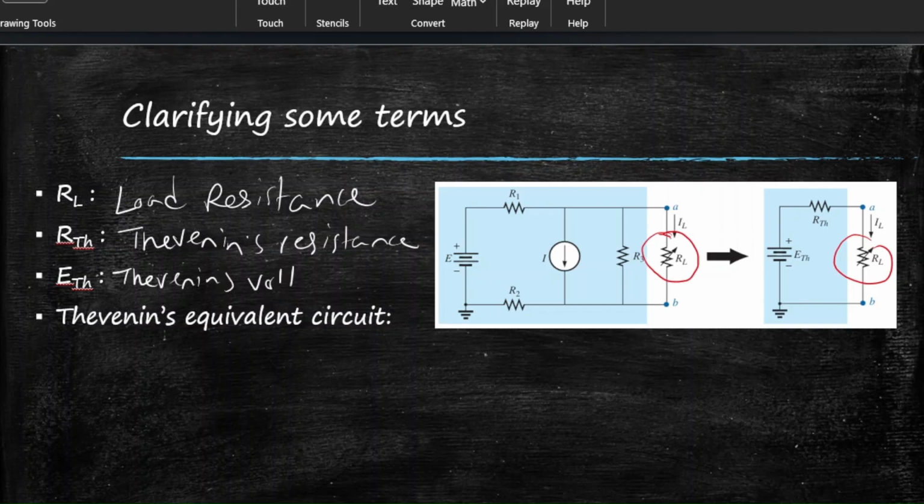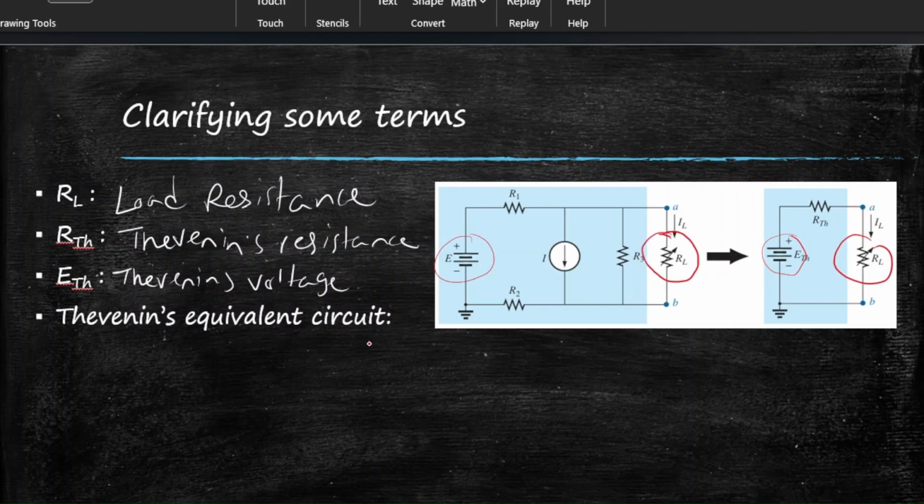So this is the Thevenin's equivalent voltage. This is the equivalent voltage that we will calculate after completing the Thevenin's theorem. So this is the normal voltage, and this is the Thevenin's voltage of this circuit, simplified version.